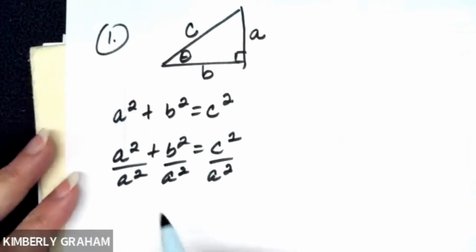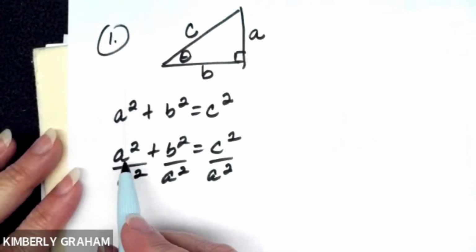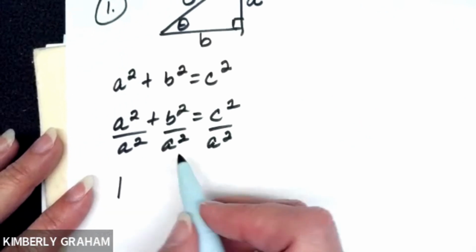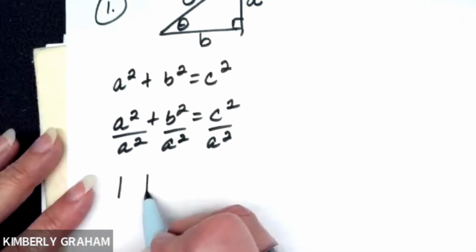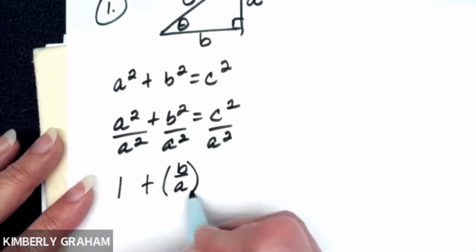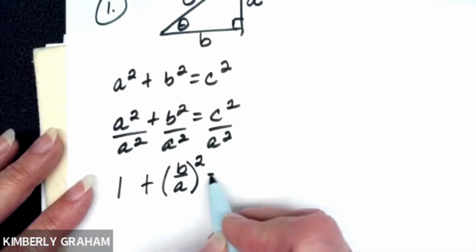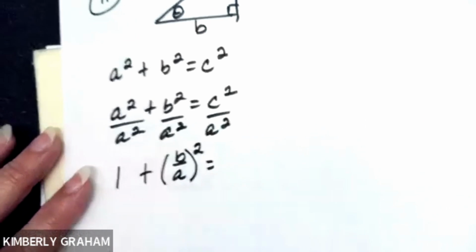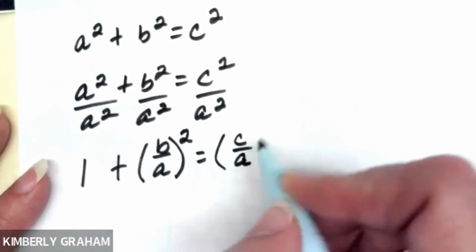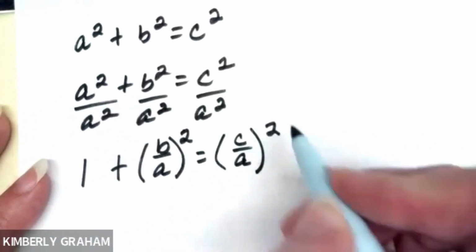Now I'm going to rewrite this part. This is just 1. A squared divided by A squared is 1. This I'm going to rewrite as B over A in parentheses squared. This I'm going to rewrite as C over A in parentheses squared, right?